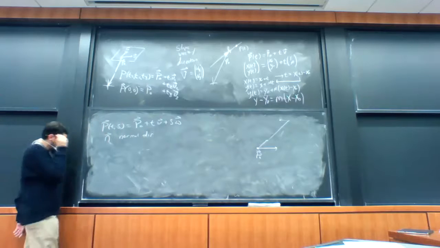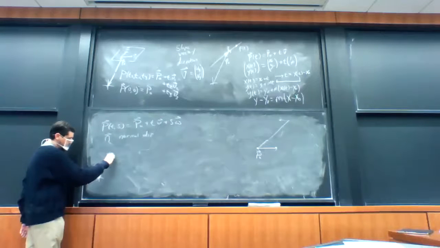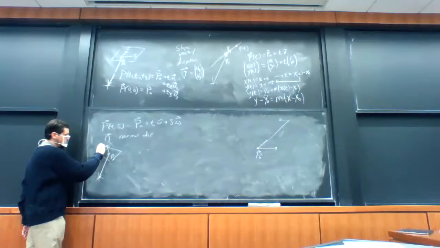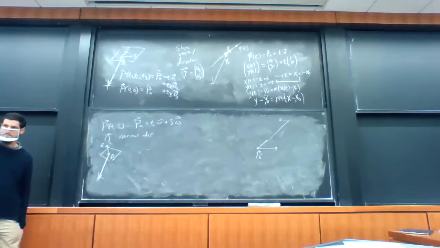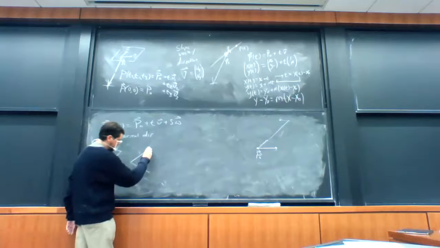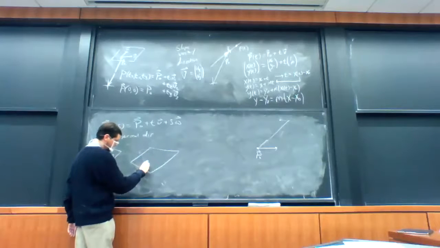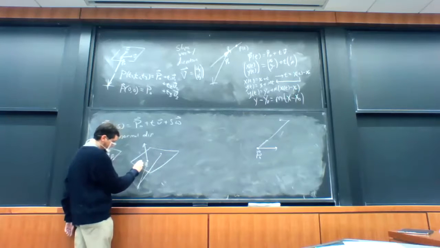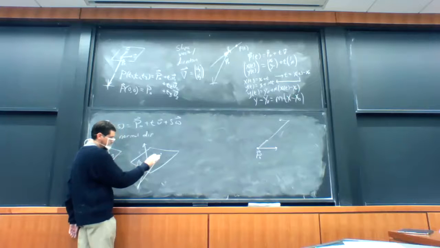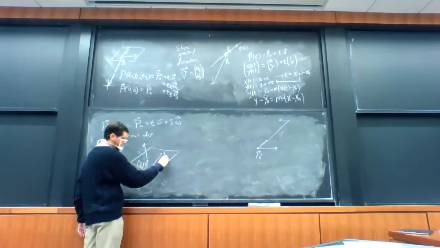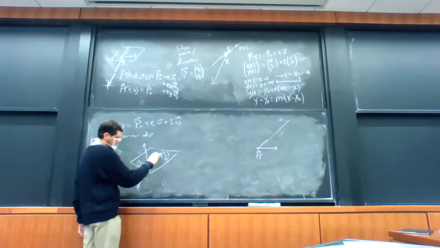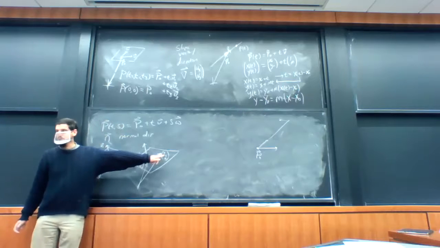Okay, so how am I going to do it now? I have the origin of my coordinate system. I have my point P naught. Here's my plane. And here's the normal to the plane. So another way of looking at it, here's my point P naught. Here's my normal. And if I take any other point in the plane, say this is the point x naught, y naught, z naught, and this is the point x, y, z, I can look at the vector from P naught to my point x, y, z.